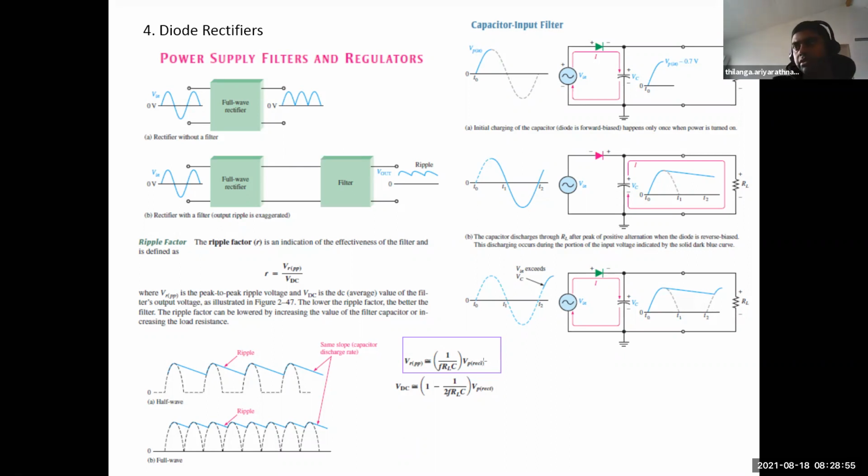Okay. Now, what is this frequency, guys? Frequency of what? For example, just think we are rectifying a 50 hertz signal. For half wave rectification, what will this frequency be?